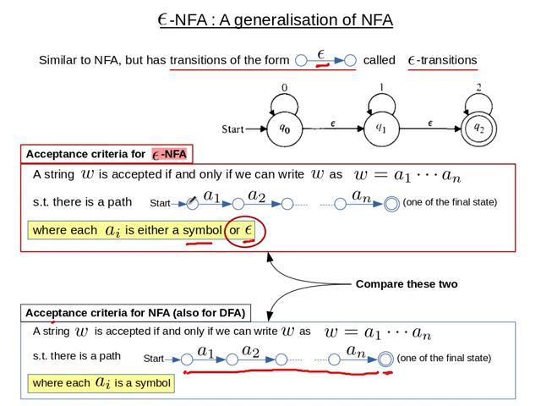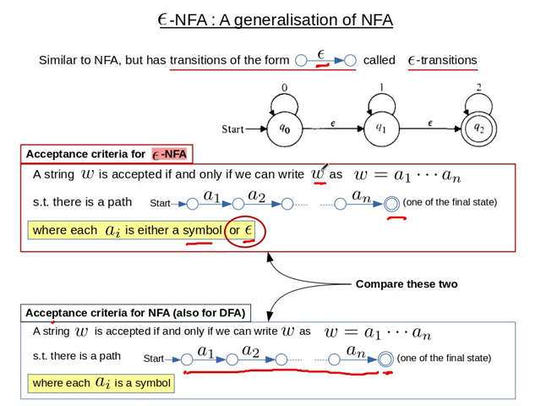But if there exists at least one path such that, if you put together all these symbols and epsilons and concatenate them, you get this W, and the path starts from the starting state and finishes at one of the final states, then you say that this W is accepted.